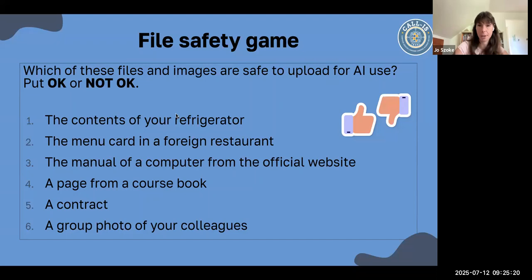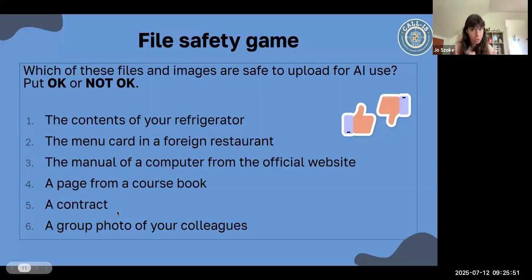And this is going to be the question here, whether these things are okay, like you're taking a picture of the contents of your refrigerator, just taking a photo and then uploading that photo into the chatbot, or you're taking a picture of the menu card in a foreign restaurant, is that okay? You just downloaded the manual of a computer from the official website. Can you upload the manual to ask something? Can you upload a page from a course book?